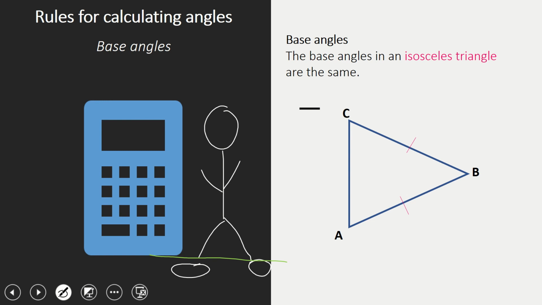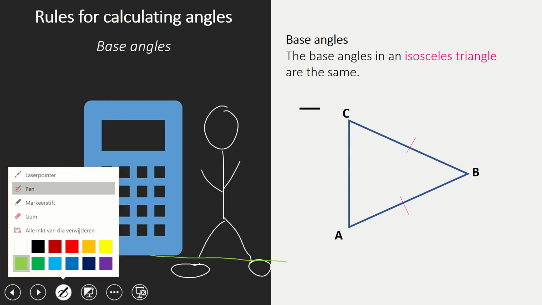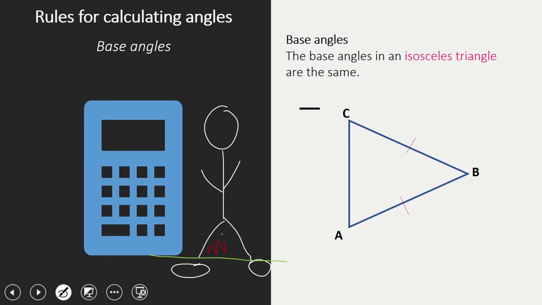You can see that this over here is a triangle. And we of course know that the legs are the same. They've got the same length. You're standing with your feet on the ground. So the feet are actually the base angles.